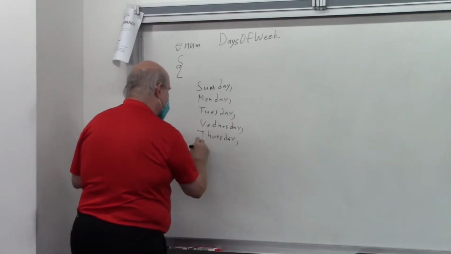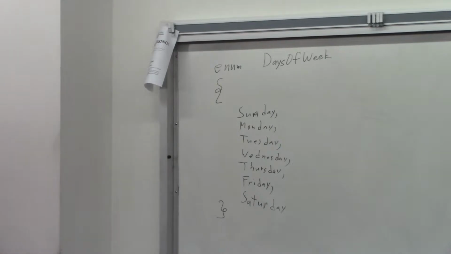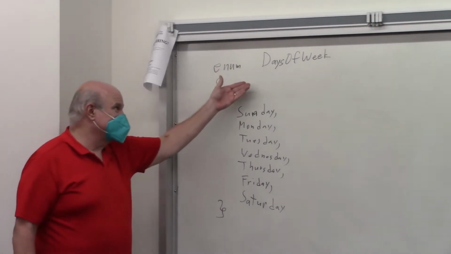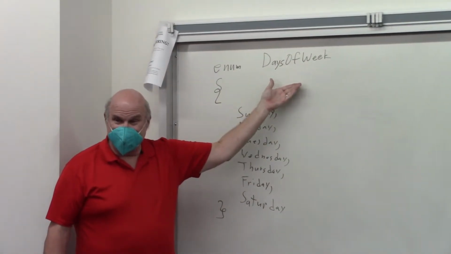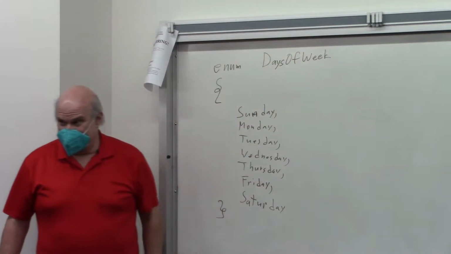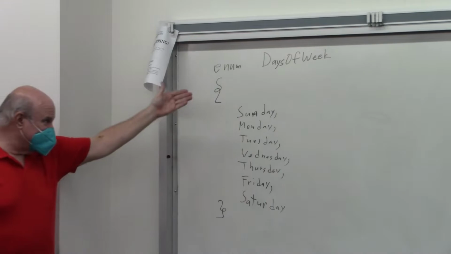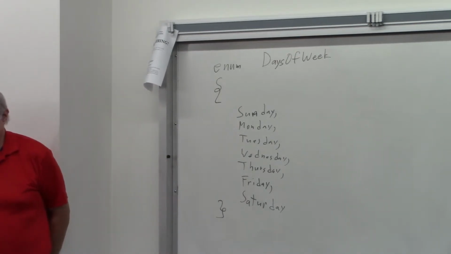That is a valid enum declaration. It declares what is essentially a type. It is actually a numeric type. We're going to talk more about that in a moment. It calls it days of week, and then it puts it in an enumerated list with names associated with them.